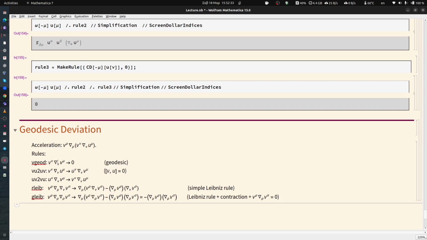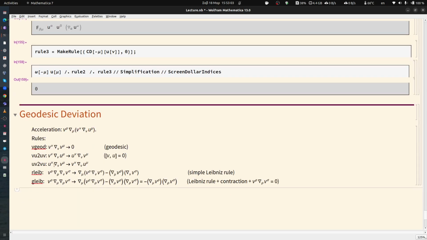V is the tangent vector, so V dV must be equal to 0. And then the relative position vector U is such that it defines a coordinate system, therefore it commutes with V. And the commutator being 0 means that V dU is equal to U dV. Similarly, the other way, U dV is V dU.